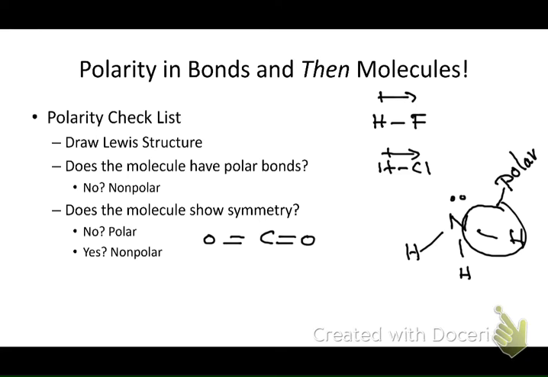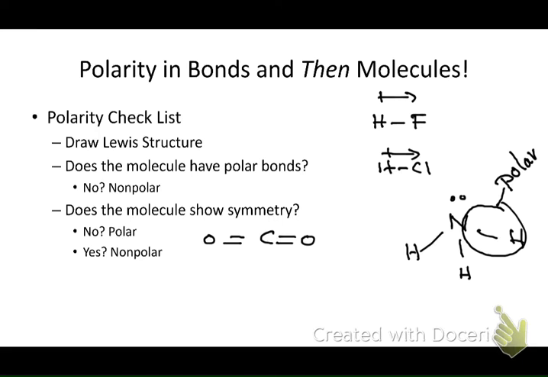So think about this. This carbon is the lower electronegativity, and the oxygen's high, so there's a negative charge over here. But over here, this oxygen also has a negative charge. Now, in order for a molecule to be polar, the charge from one end of the molecule to the other has to be different. But in this case, this is exactly the same as that.